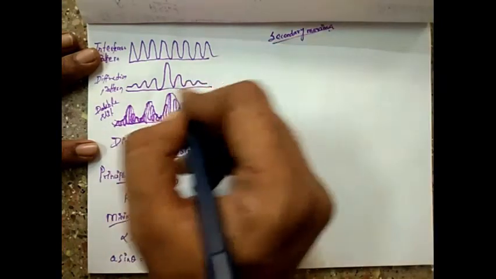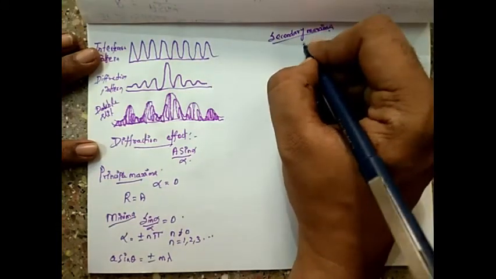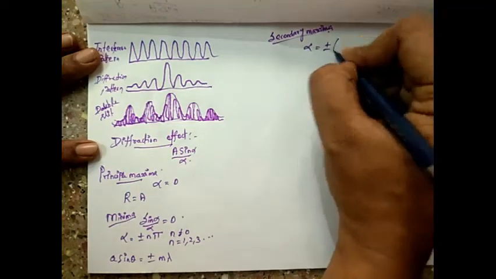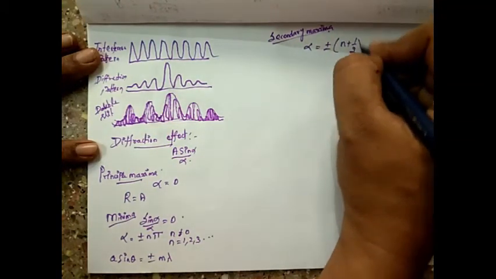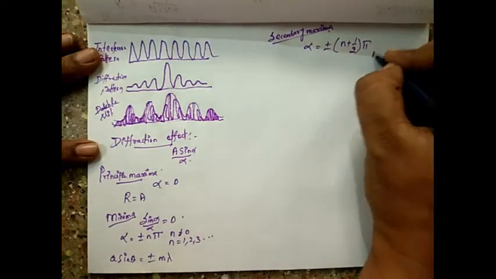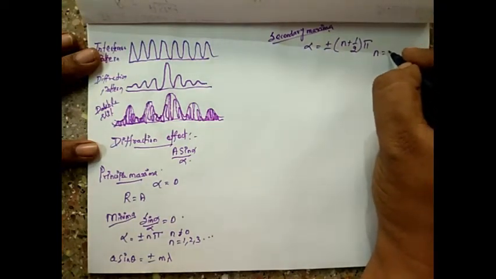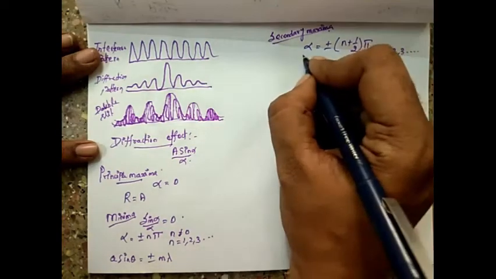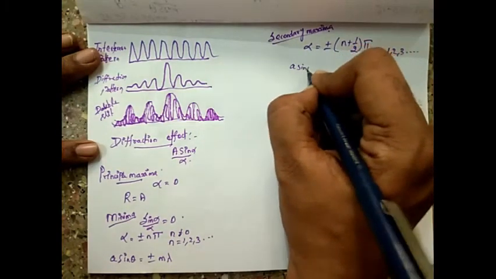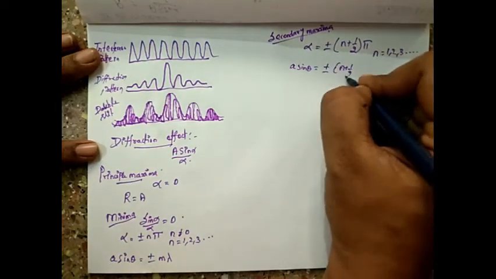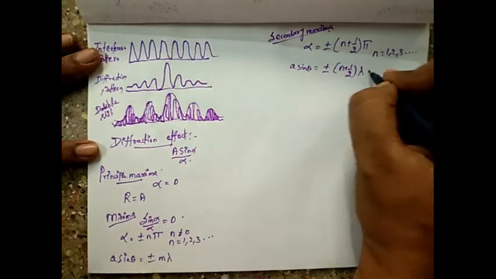So automatically alpha becomes plus or minus n plus 1 by 2 pi. So here also n can have 1, 2, 3 etc. and a sin theta can be written as plus or minus n plus 1 by 2 lambda.